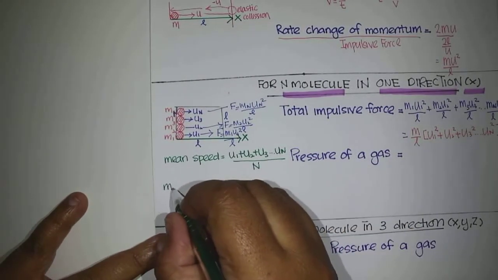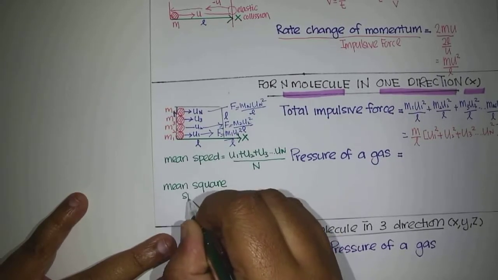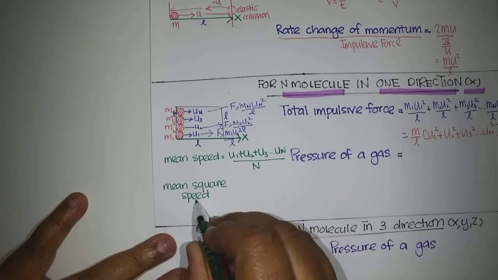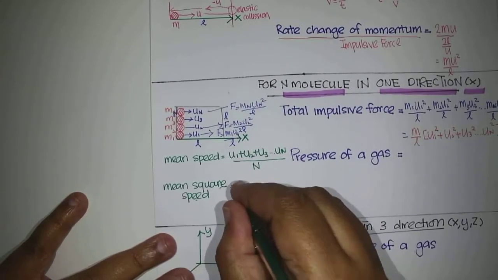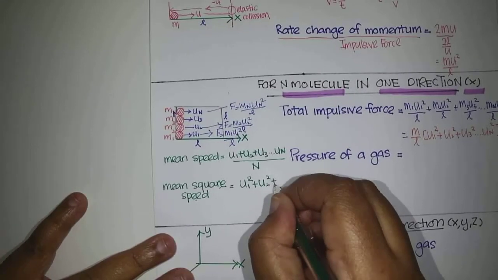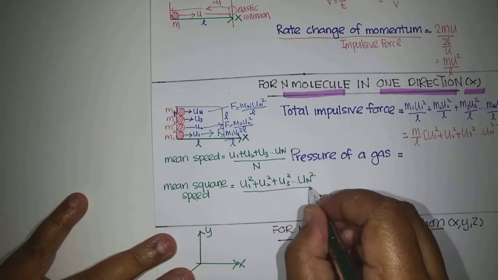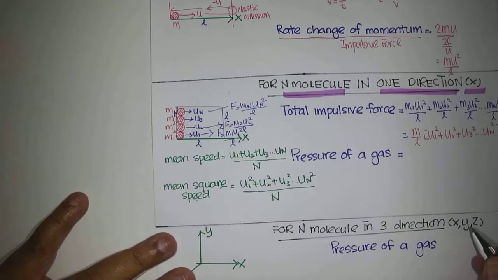And then the mean square speed, that means speed square first, so you get U1 square plus U2 square plus U3 square up to Un square over the total number of molecules.